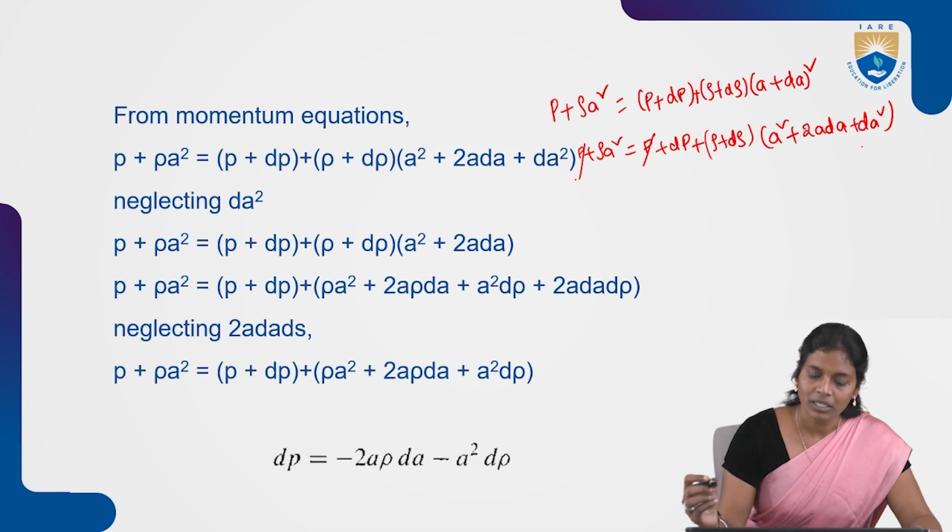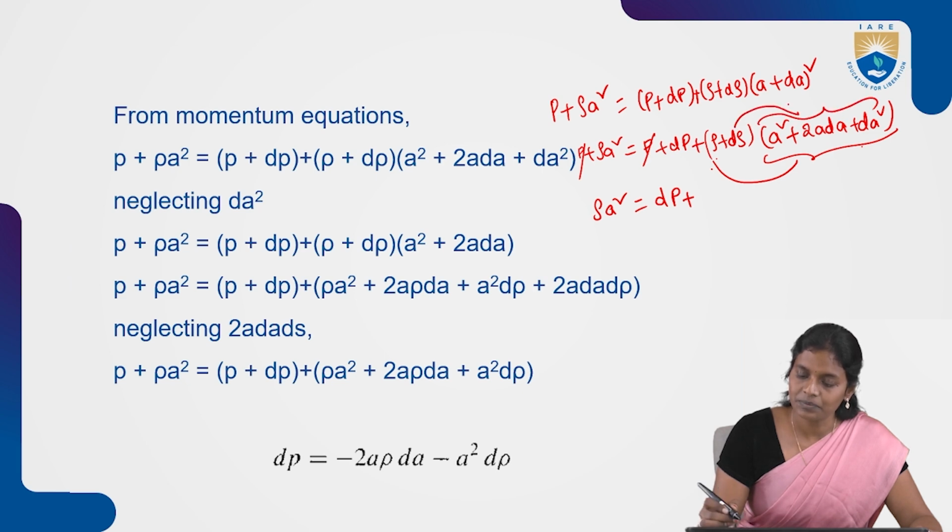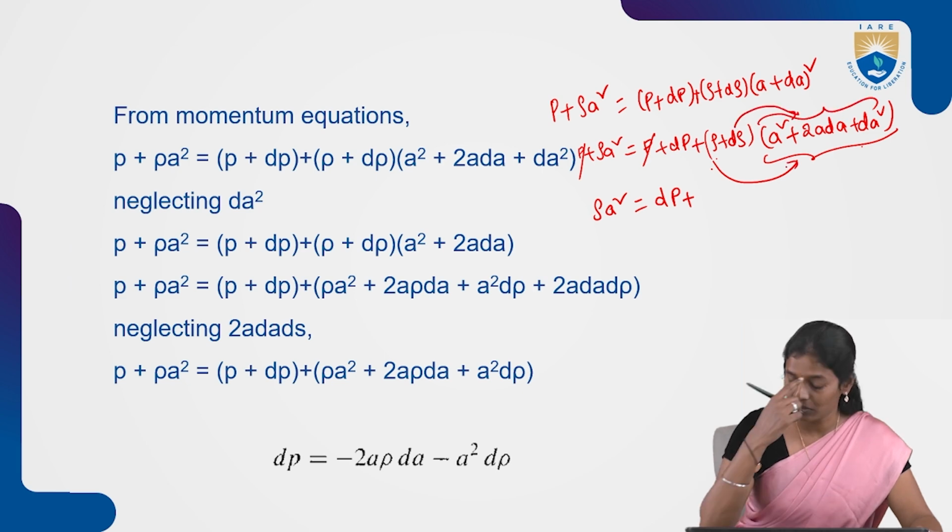P will get cancelled on both sides. Now we multiply the entire term with the first one, then the entire term with the second one.